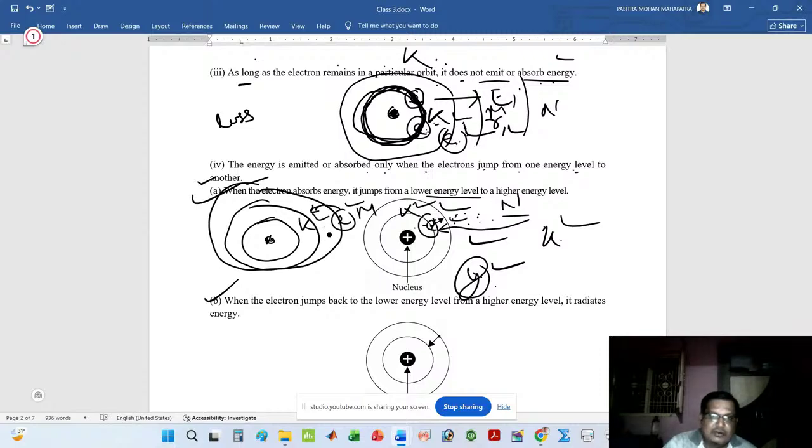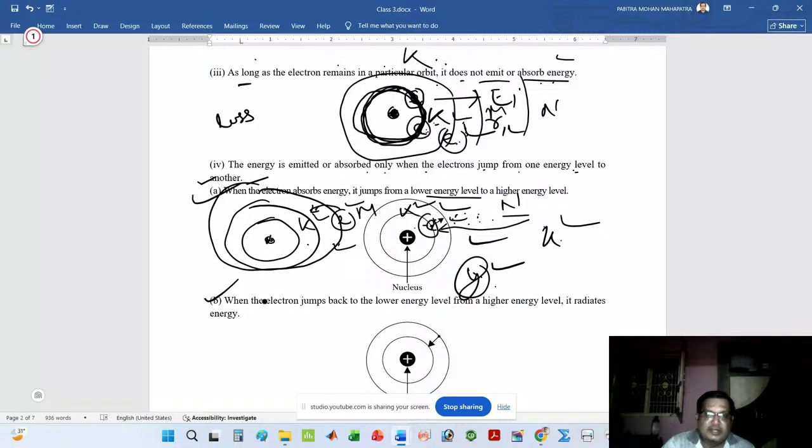Suppose an electron is present at the L cell, if it wants to shift its position from L to K cell, then it must release the energy.